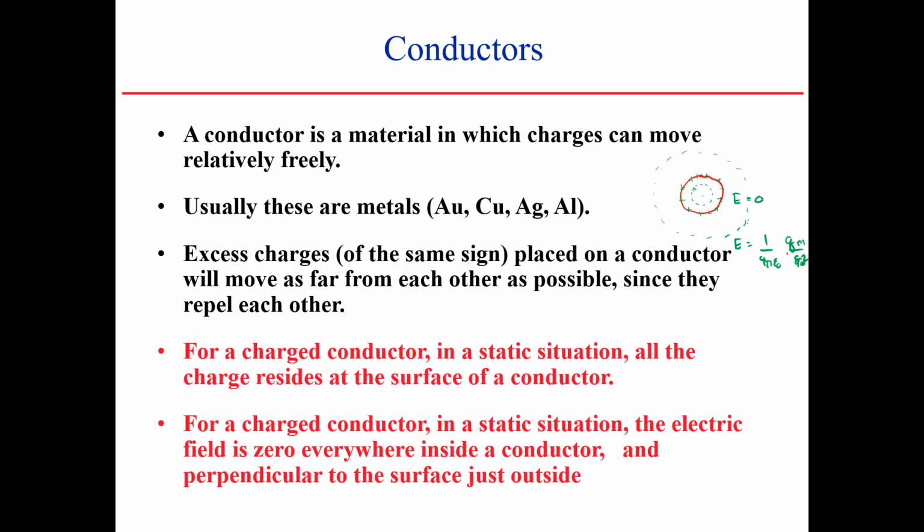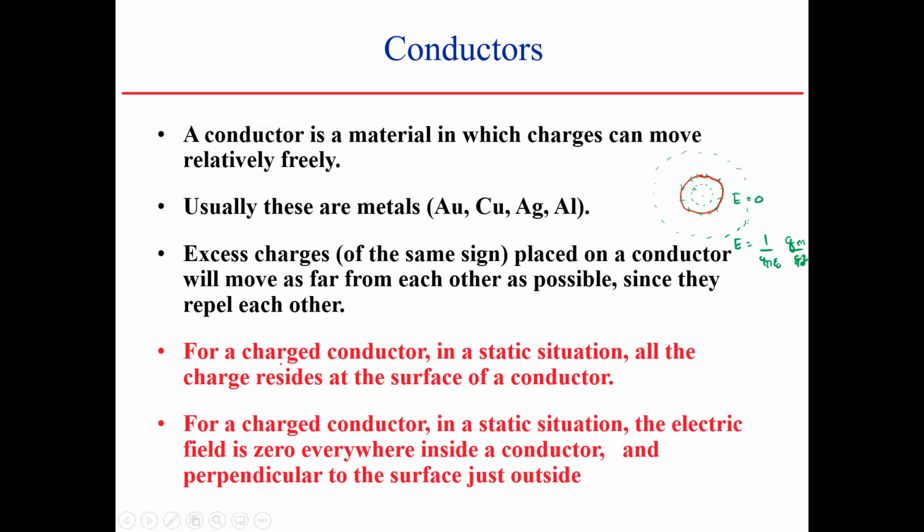Okay? So it is the same as for the insulating sphere. But what differs between them is the electric field inside. So for conductors, the electric field is equal to 0 at any point inside because again, the excess charges reside only on the surface.